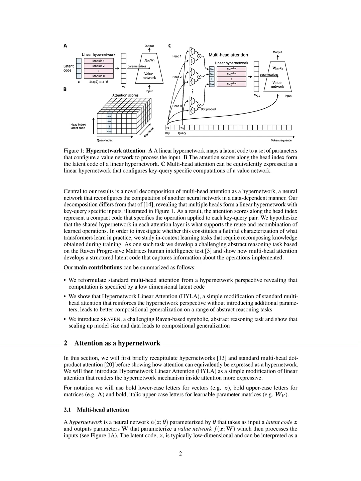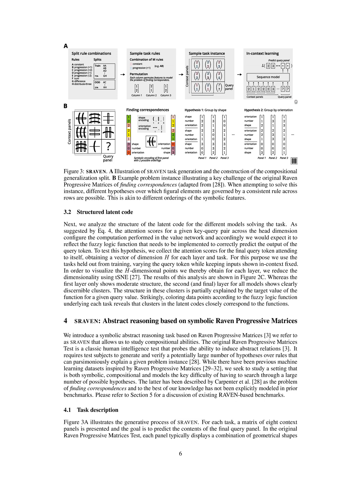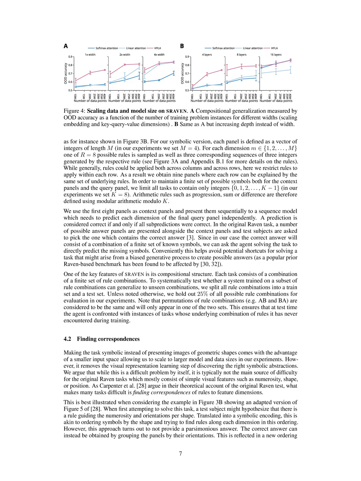Additionally, for the SRAVEN task, the paper introduces a symbolic abstract reasoning task based on Raven progressive matrices. This task requires predicting the contents of a final query panel based on a matrix of context panels. The models are tested on their ability to predict the correct contents of the query panel by systematically testing their generalization to unseen rule combinations.